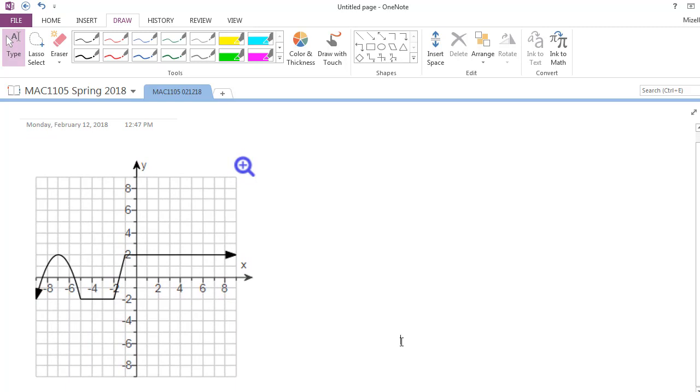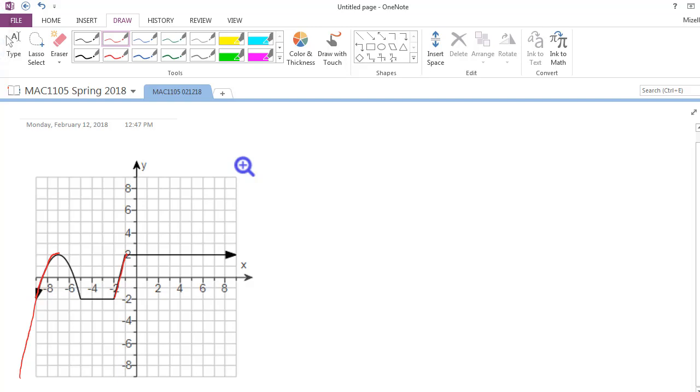If I wanted to indicate the portions of the graph where the graph appears to be rising, I'd certainly include that. But I think since the arrow is pointing down and to the left, the indication is it's going to keep going down and to the left forever. So if we were to go to the left, the graph would be going down, down, down.